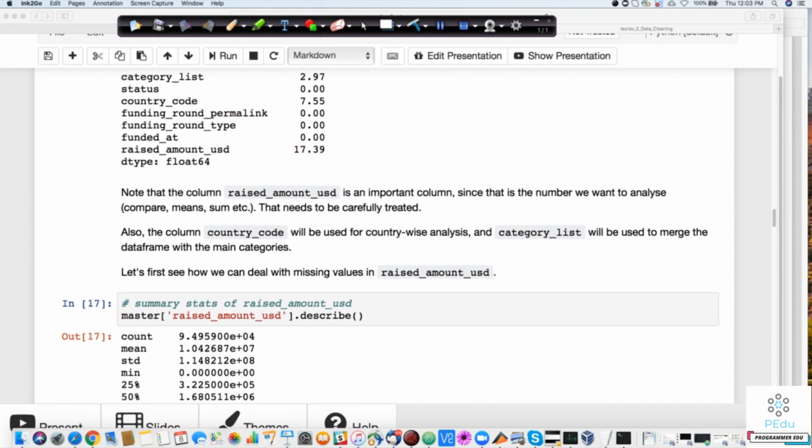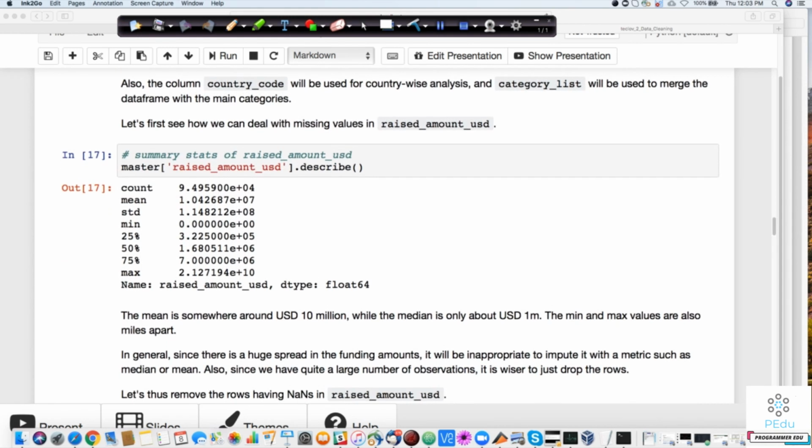The next thing that comes to mind is whether we should do some imputation here. Before we do any sort of imputation, let's quickly explore this data. While exploring, I'm going to use describe. We have a count, which sounds good. But if you look at this, my mean and median have a huge difference.